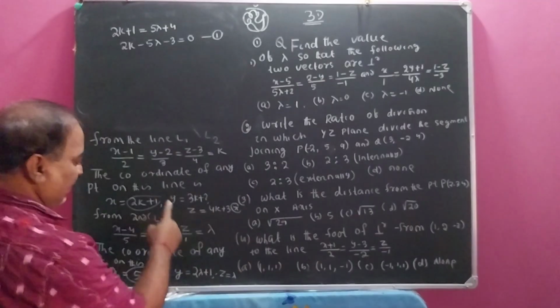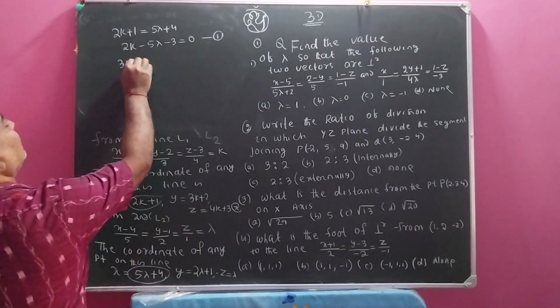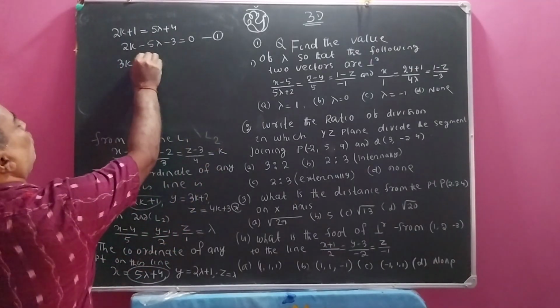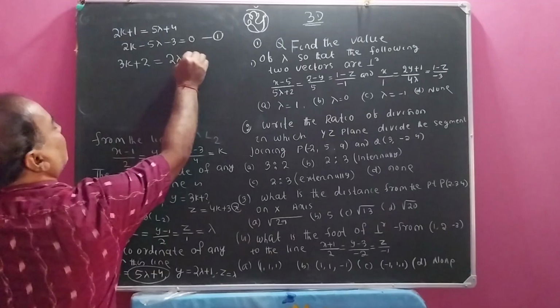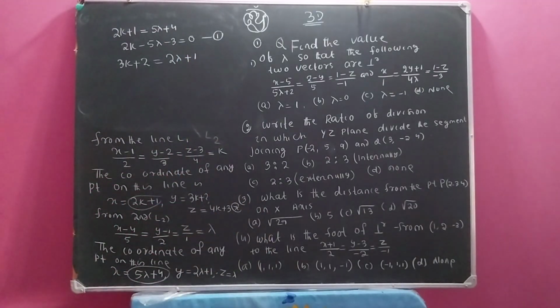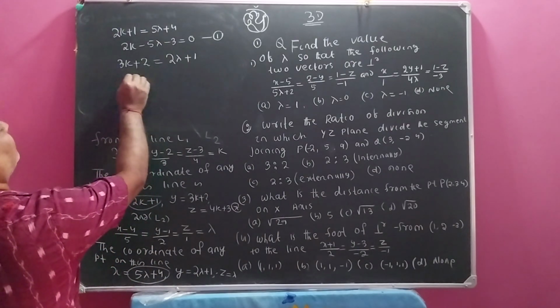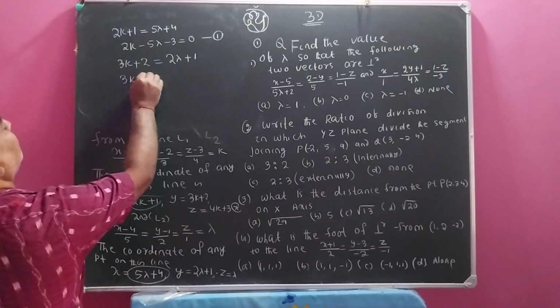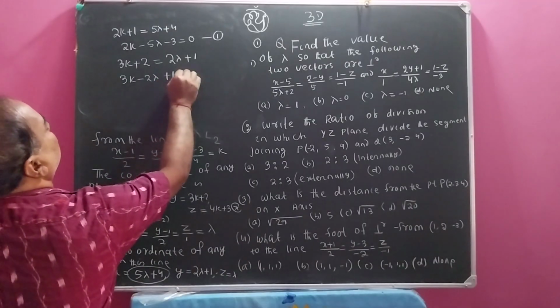Again y is equal to y: 3k plus 2 is equal to 2 lambda plus 1. So here we get 3k minus 2 lambda plus 1 is equal to 0.